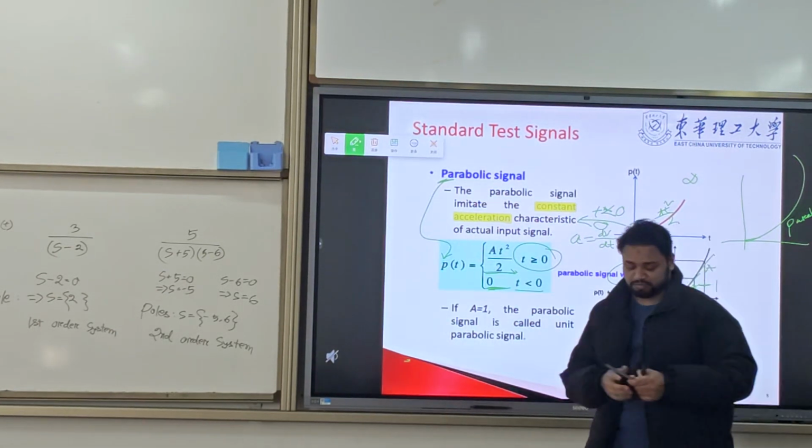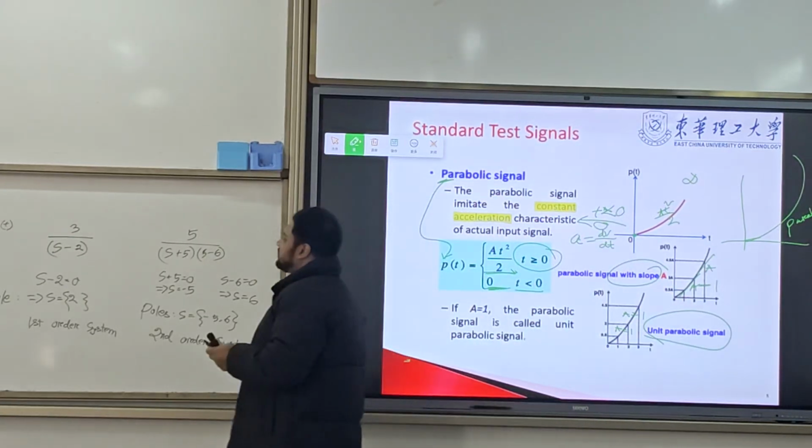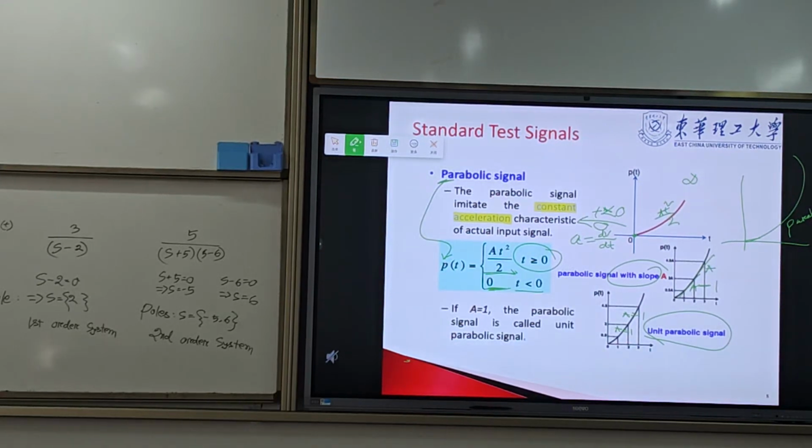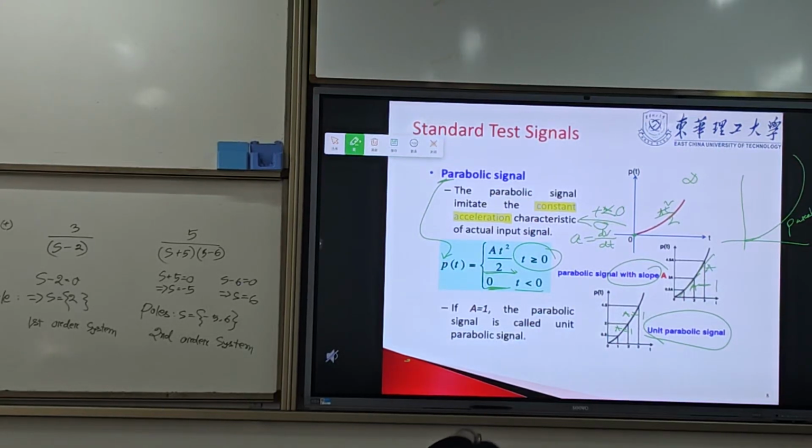Suppose x(t) can be any of them. It can be delta t. x(t) can be u(t). x(t) can be r(t). x(t) can be p(t). Anything.